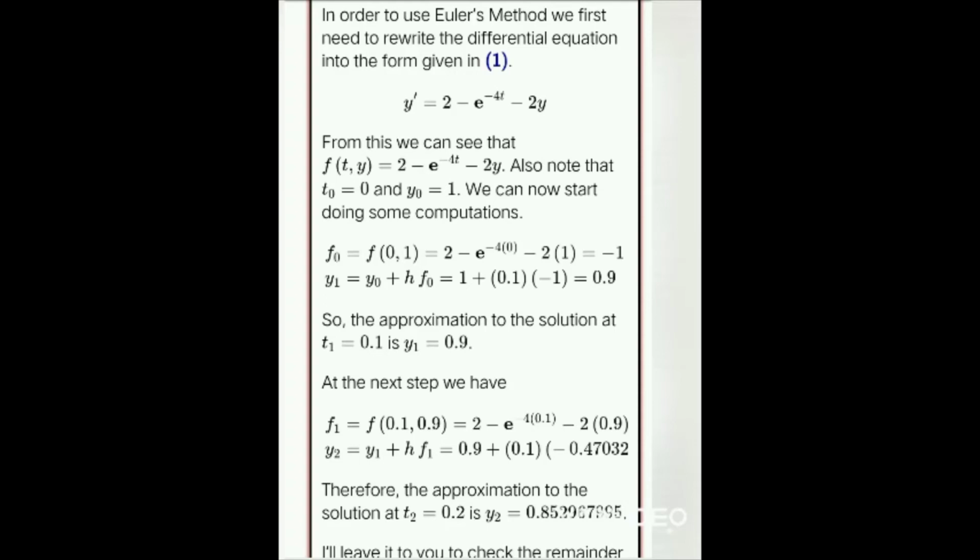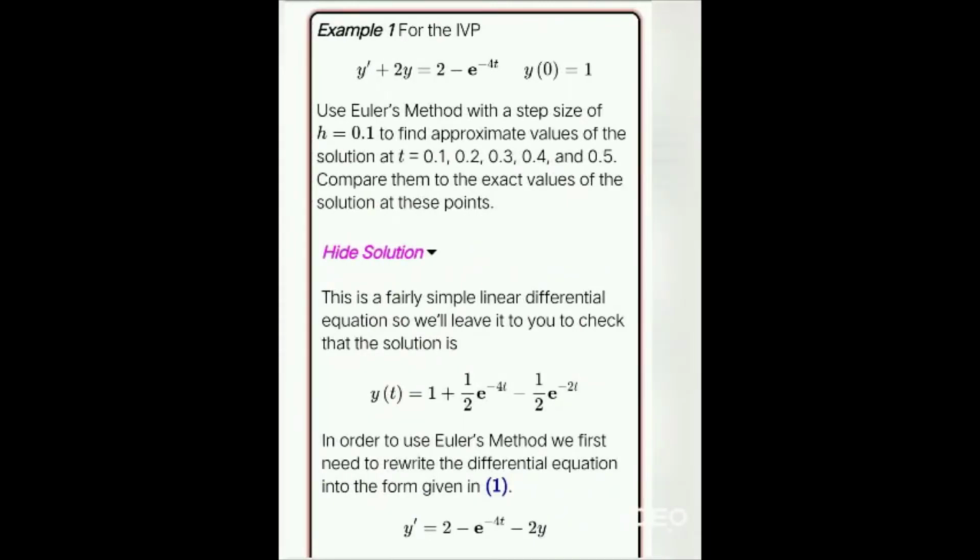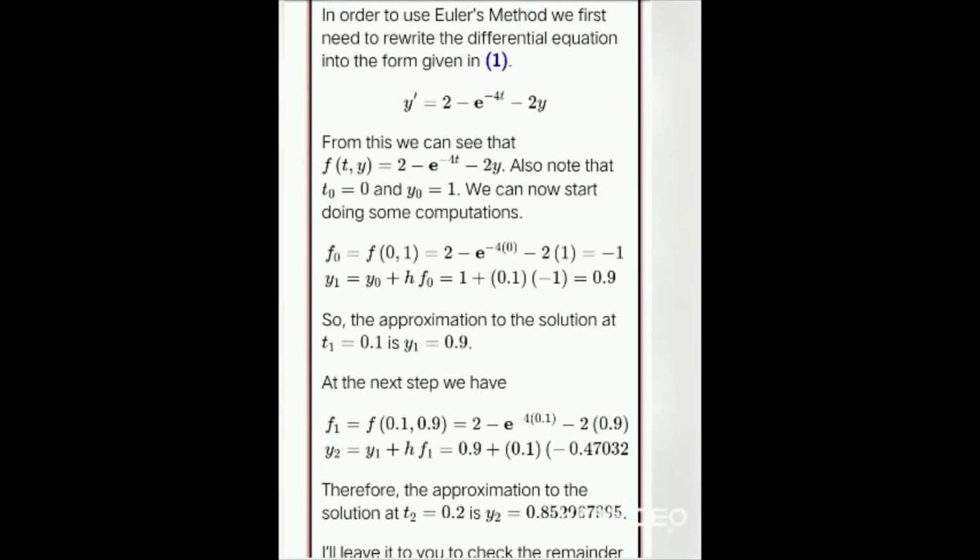Balik ta, ang h diri na siya sa 0.1. And then nakakuha siya 0.9. So the approximation to the solution at t sub 1 equals 0.1 is y sub 1 equals 0.9.